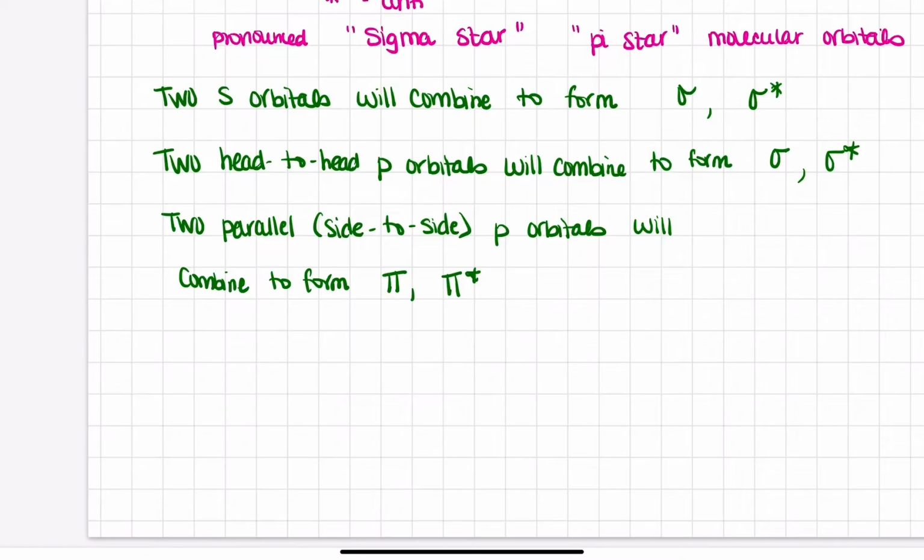So for sigma, we saw sigma, sigma star. For pi, we have pi and pi star. Two parallel means 4 out. 2 in means 4 out, or 2 s orbitals means 2 out.